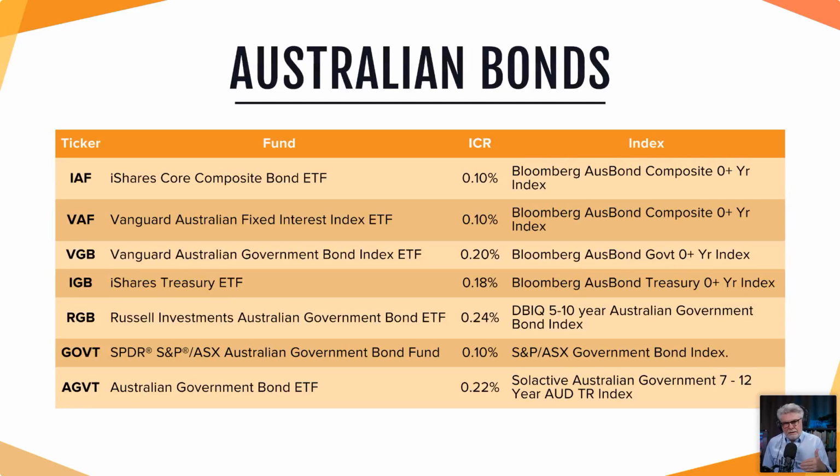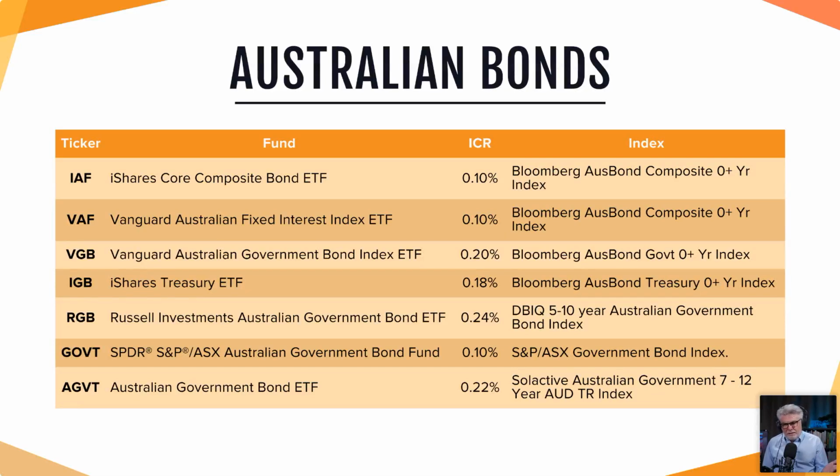But if you're looking at an 80-20 portfolio, where you might have 10 in gold and 10 in local government bonds, the low-cost, easy way to start is to focus on a core composite bond ETF. And the two biggest ones are IAF, which is the iShares Core Composite Bond ETF, and VAF, the Vanguard equivalent.